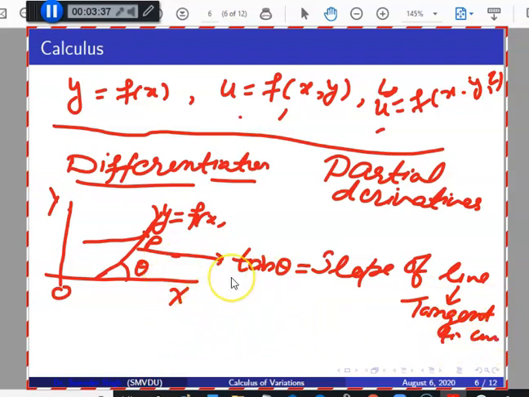So this is one way. The geometrical definition of slope of a straight line is the tangent of the angle which that line subtends with positive direction of x-axis. This is the definition of slope.